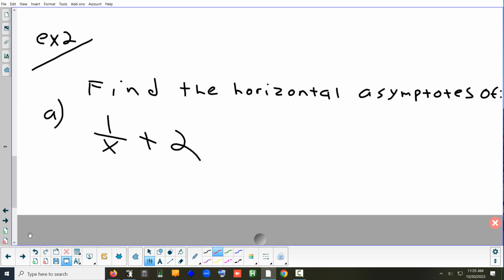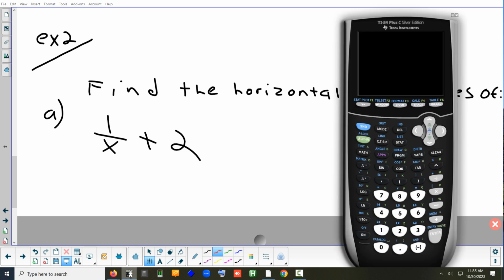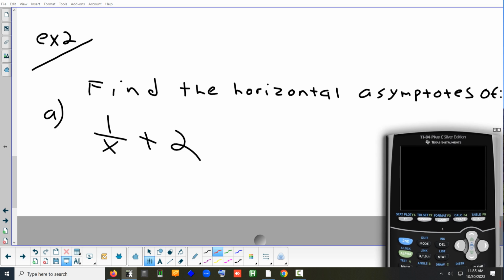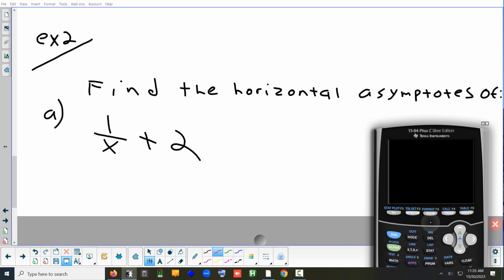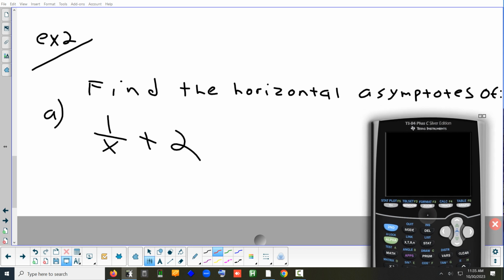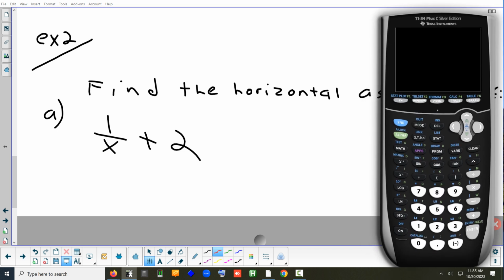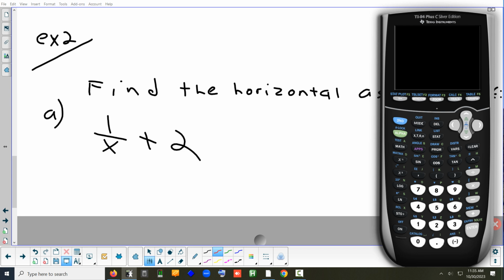All right, so let's try this. Find the horizontal asymptotes of 1 over x plus 2. Now, this is one where, when you type it in, you do have to use parentheses. If you don't, the calculator's going to think the plus 2 is in the bottom of the fraction.